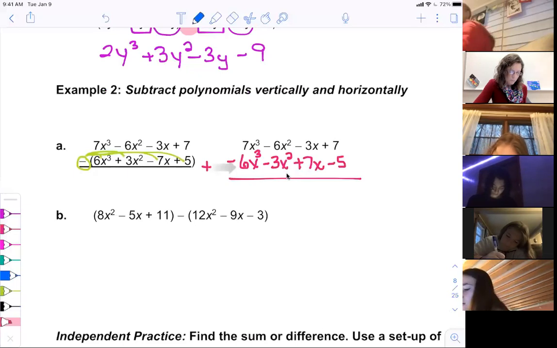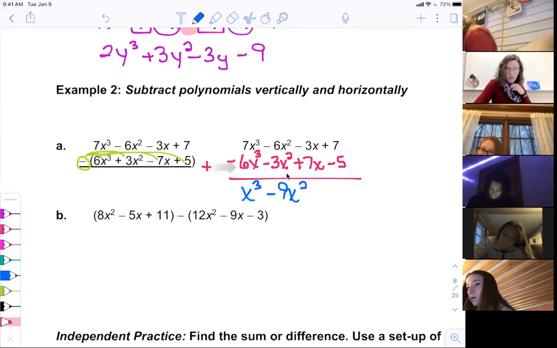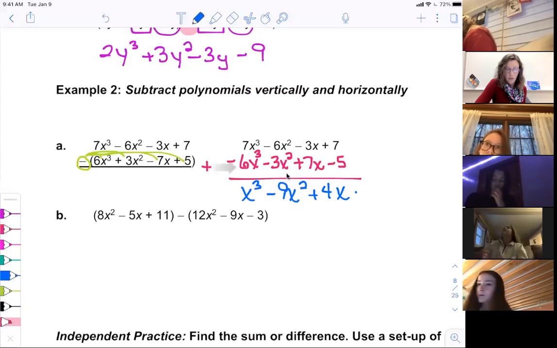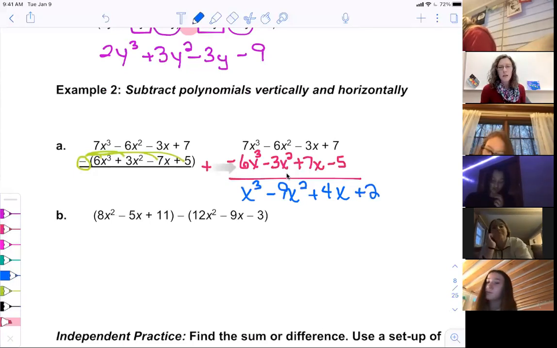You'd have x cubed minus 9x squared. You're good so far. Plus 4x plus 2. Perfect. So again, you're just combining them as they are listed.